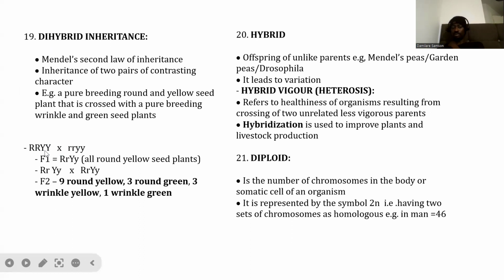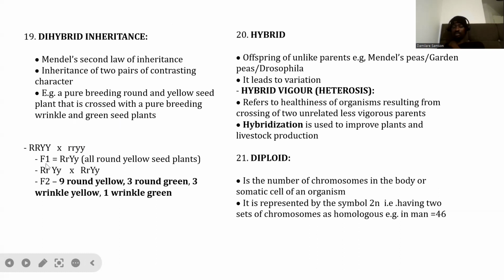Y for yellow, R for round. And for the other one, the small letter r will stand for the wrinkle, and the small letter y will stand for the green.